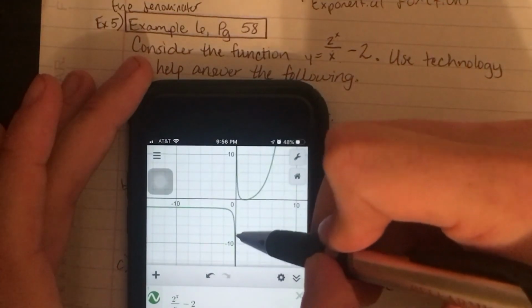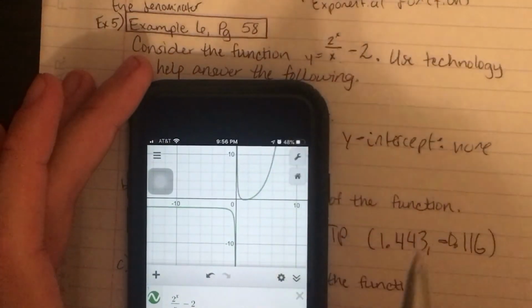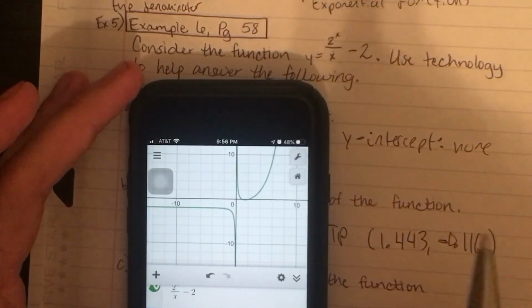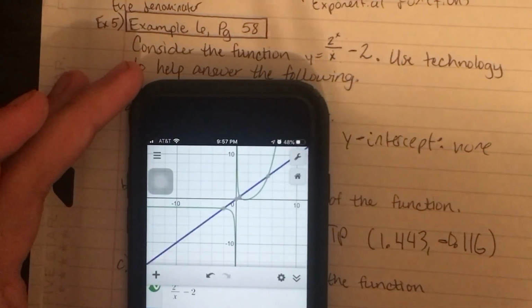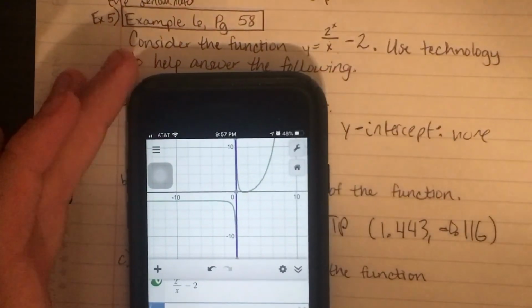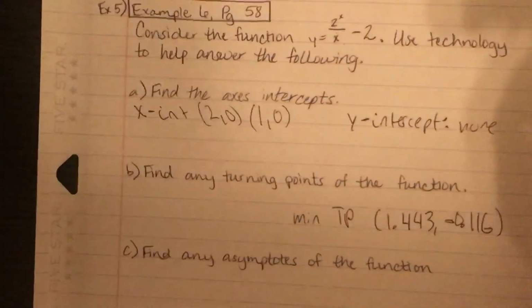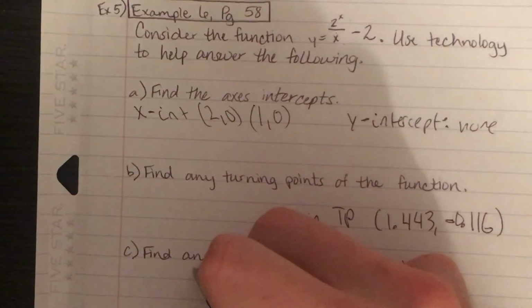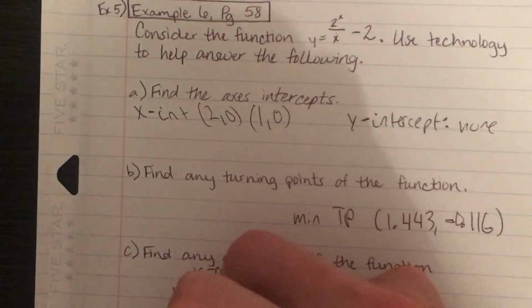To me, it looks like it's x equals 0 right there. Let's see if we can graph that too. x equals 0. There we go. There's that asymptote right there. So we'll say that x equals 0 is our vertical one.